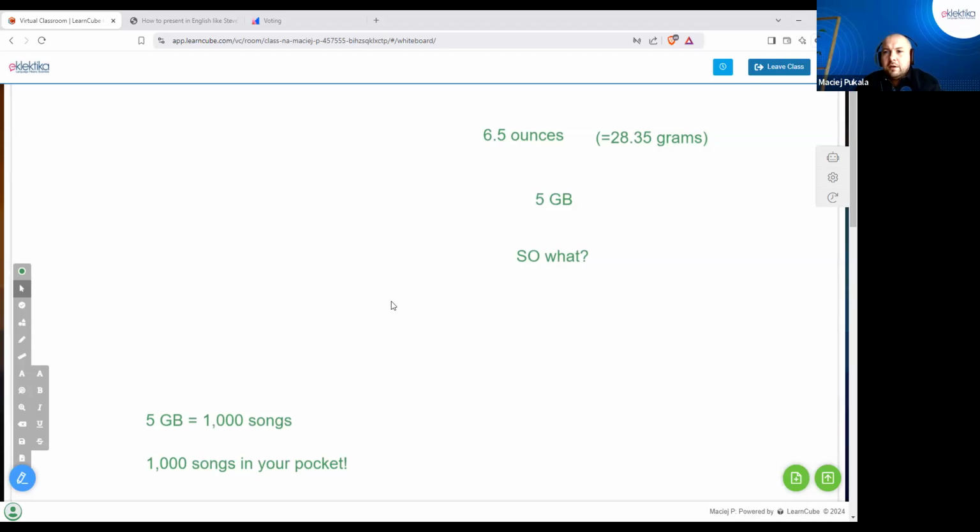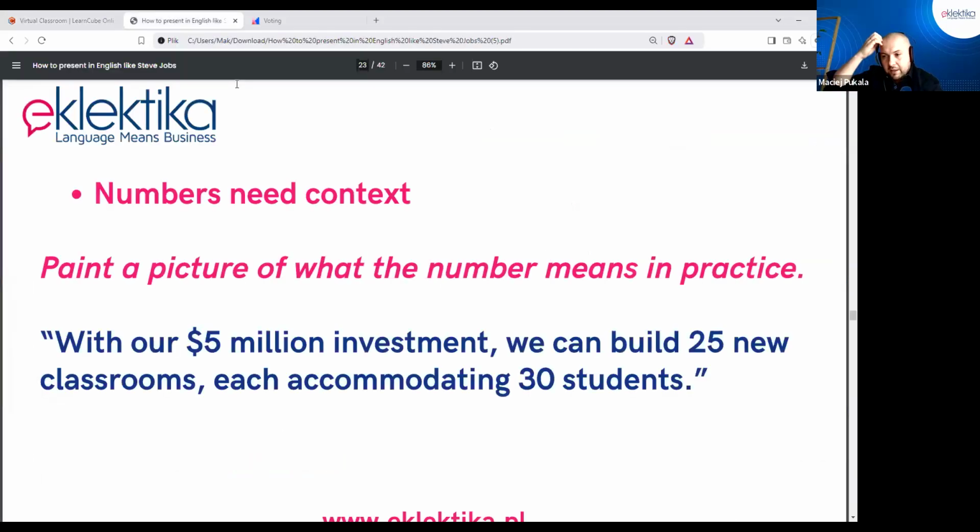So even though in reality it was just a little device, he used the numbers to his advantage. Plus simplicity. Why simplicity? Even if you look at the products themselves, they were aiming to be simple, right? With the way they were created, the functions, and the way they looked.